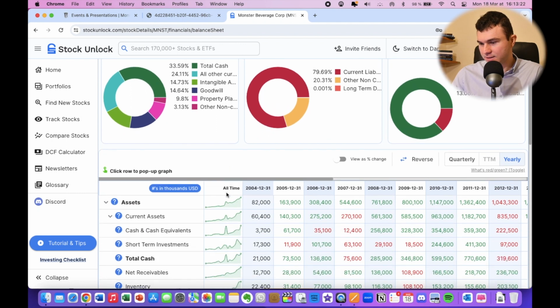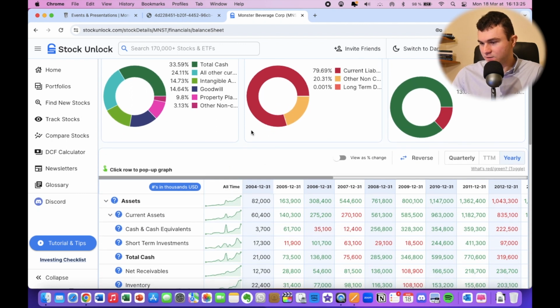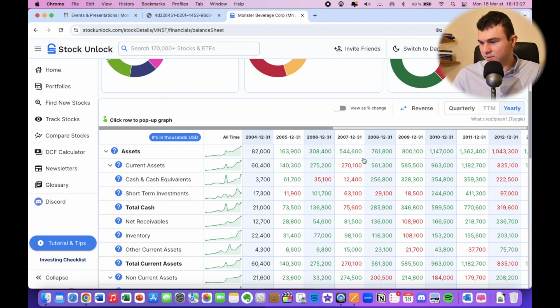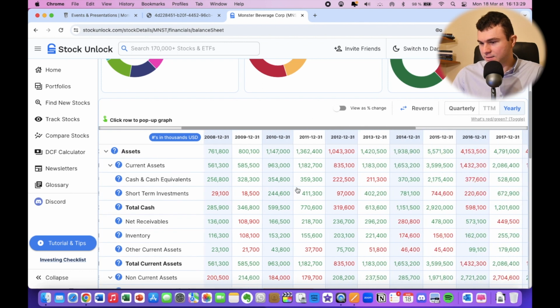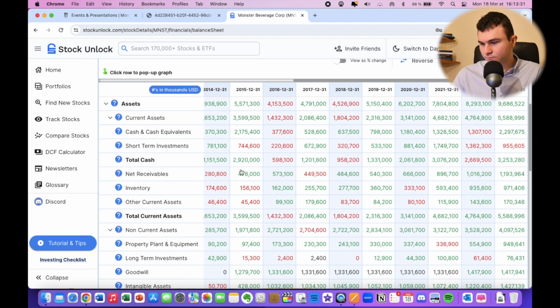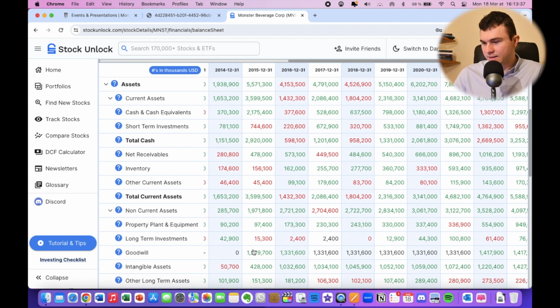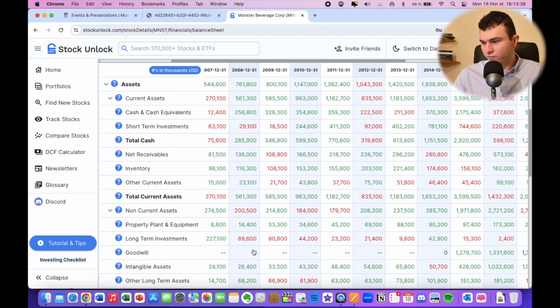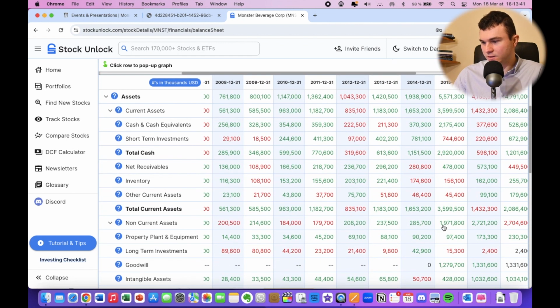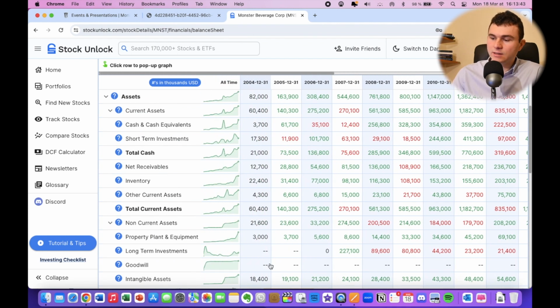Liabilities, okay. So they start from 2004 and to the right we have next years. Okay, let's look at this. Non-current asset, we have this line for goodwill. And effectively, before 2015, you had no goodwill.